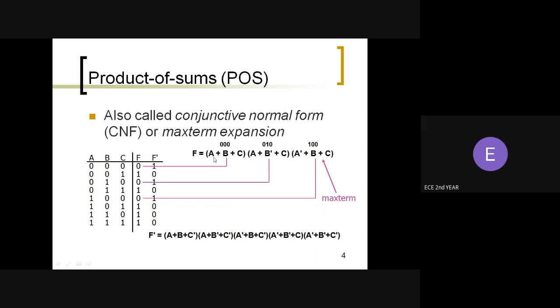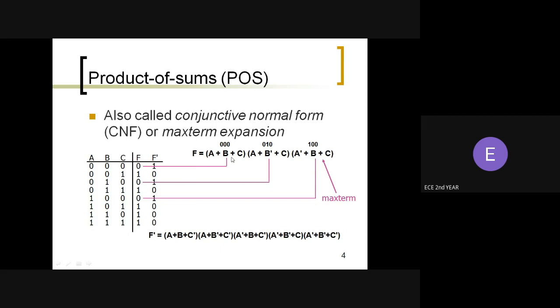For example, A plus B plus C, and the second term is A plus B bar plus C, and the last term is A bar plus B plus C. For this particular expression we have three terms. You see here again the truth table is presented for three variables. We start with A B C from 000 and it goes up to 111.